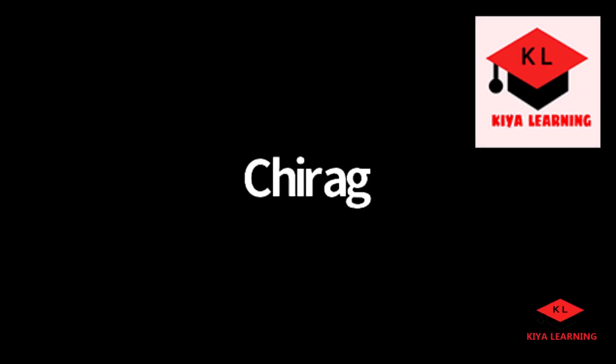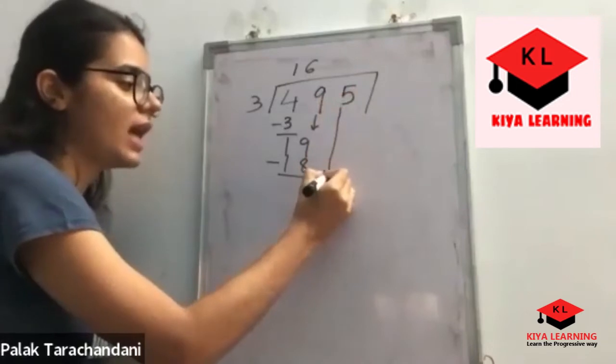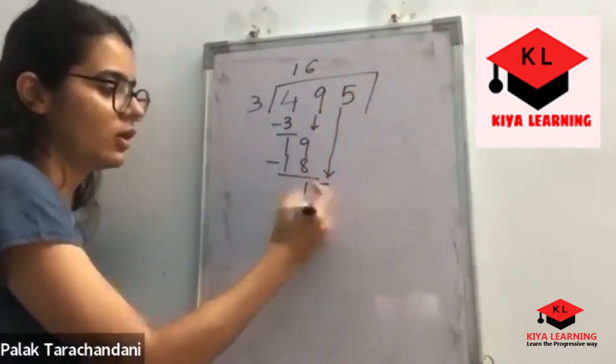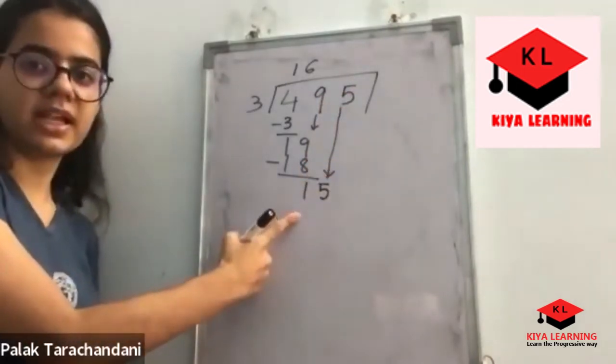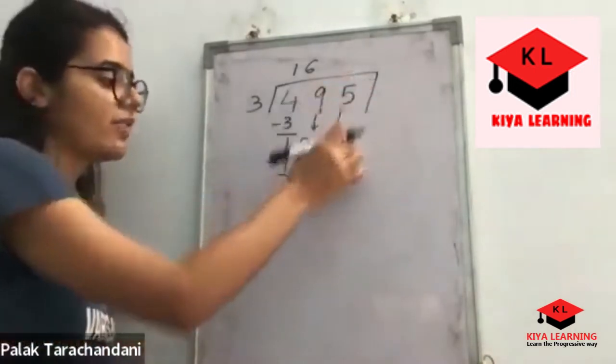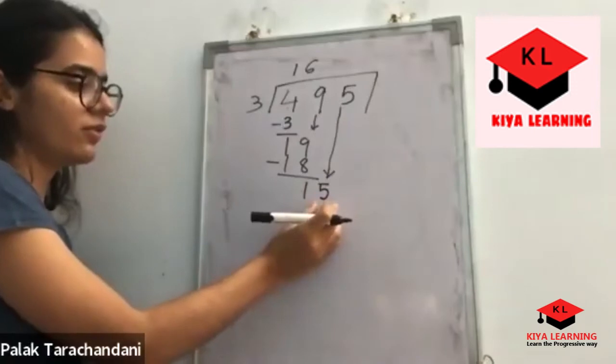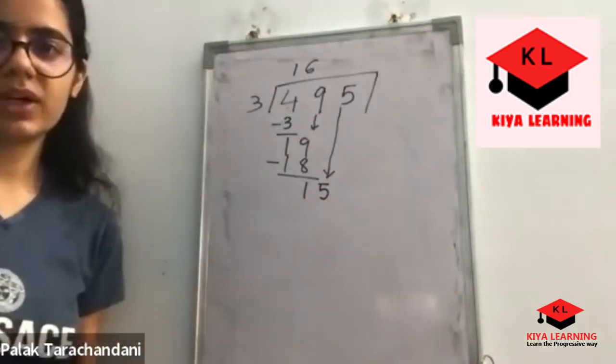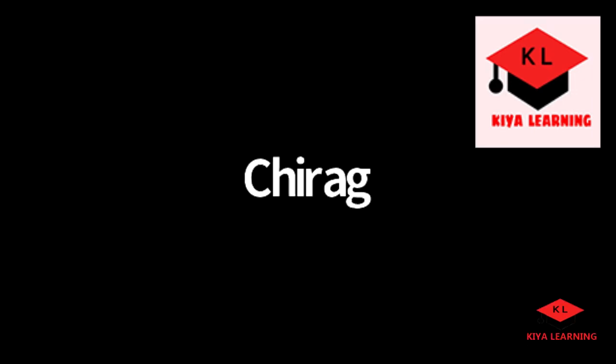Out of 4, 9, 5, it's 5, right? So what we can do is drag the number 5 down here, in your answer column where your remainder is left of the previous digit, and make your number bigger. So if you drag 5 down and put it beside 1, this is a bigger number than 1, right?